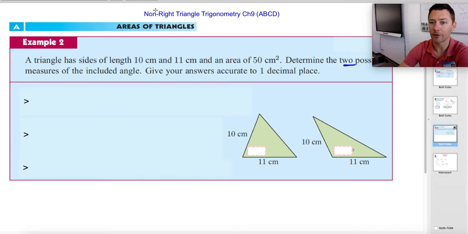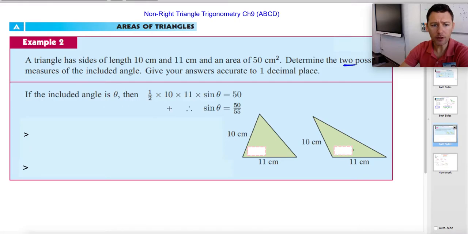You won't always know that there are two possible, but when you're talking about areas of triangles and finding angles, there will be multiple possible solutions, so just be careful of them. So I think in the first one, you can plug in half and 10 and 11, right? And you find sine of theta as 50 over 55 when you clean this side up.